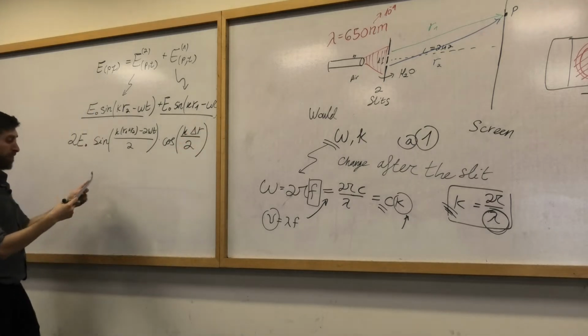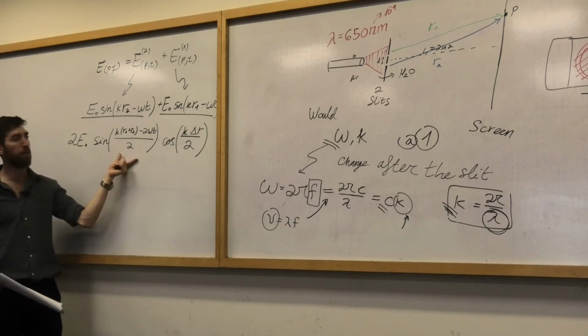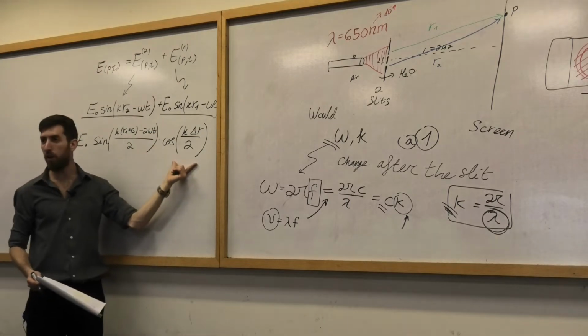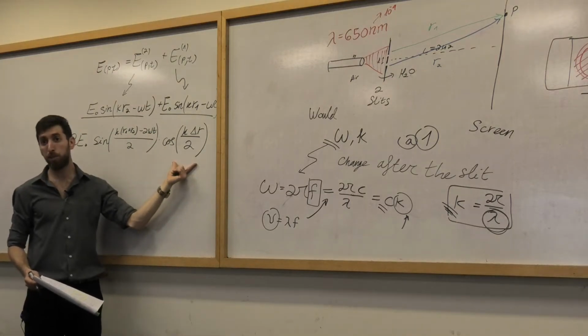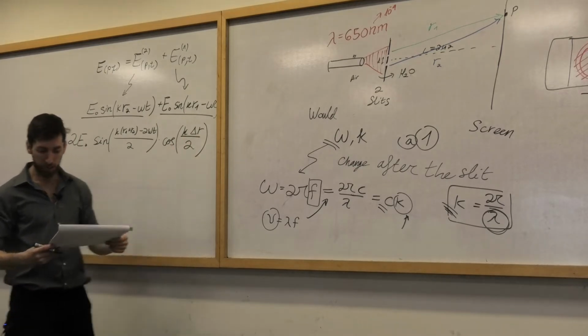I want you to see something. This is crazy, right? This is changing all the time. We have here the time, but this depends only on space, location. What is the difference between the beams?